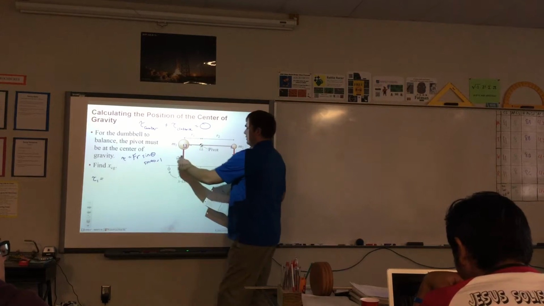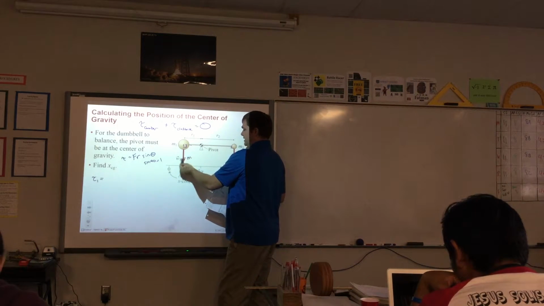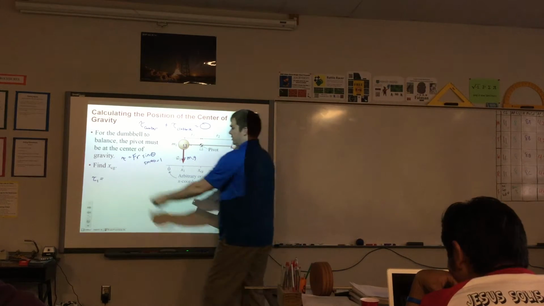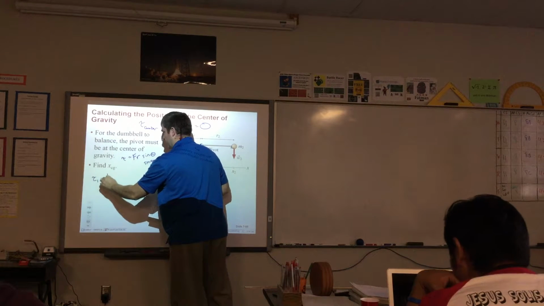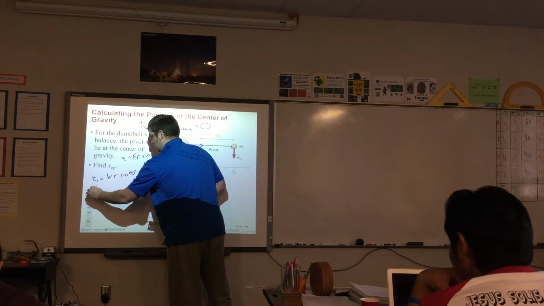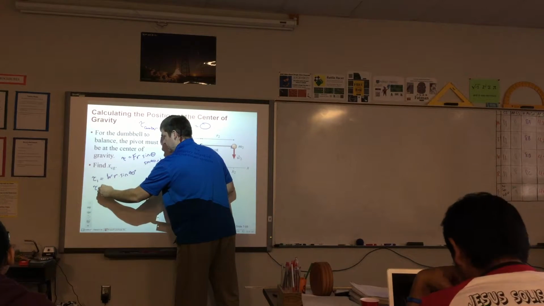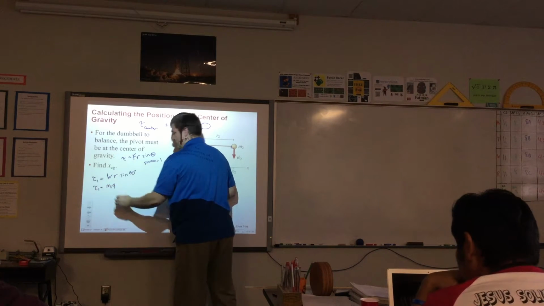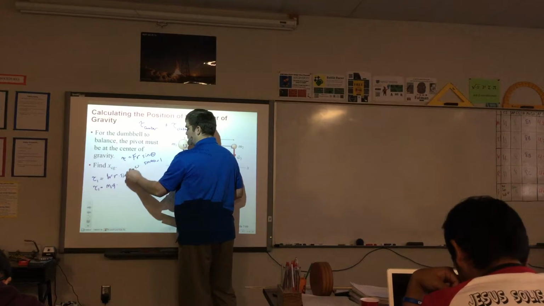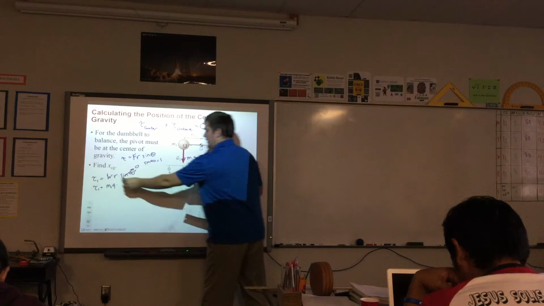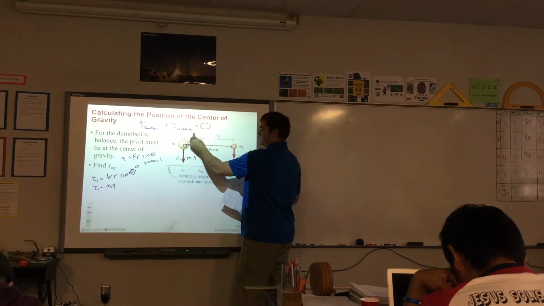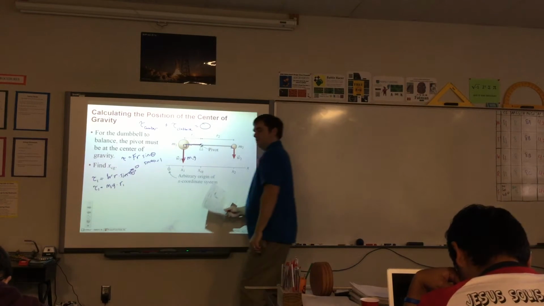And the weight is equal to the mass times gravity, so we can say mass 1 times gravity. So torque 1 is weight times R times the sine of 90 degrees. That's weight, mass 1 specifically, times gravity, times the sine of 90, which as we said is 1, times the radius. That radius is the distance from the center of gravity to this point, which is R1.